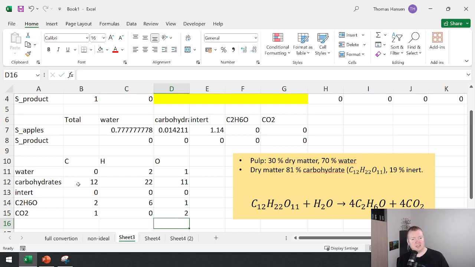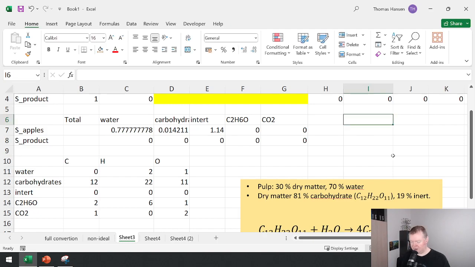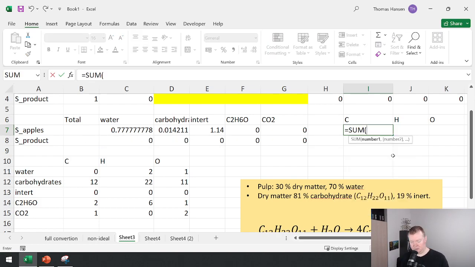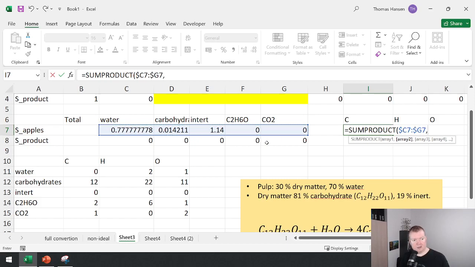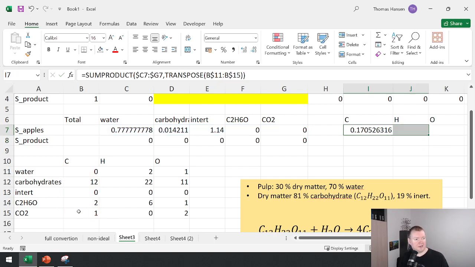CO2, like that. And then again over here I can calculate my carbon, hydrogen and oxygen, and I do it the exact same way as I did before. I want the sum product of these and the transpose of these, and all of that, and write them down.